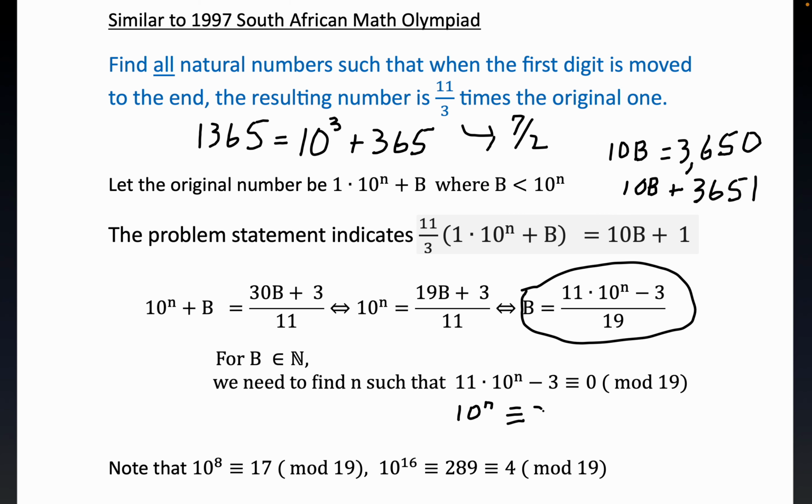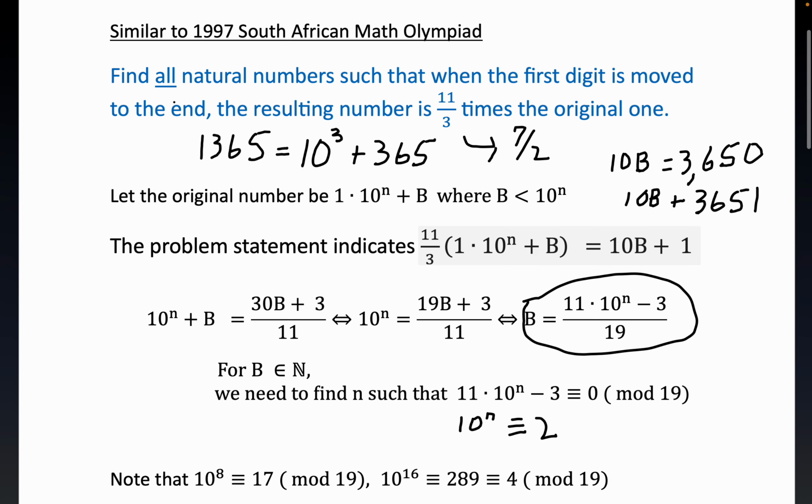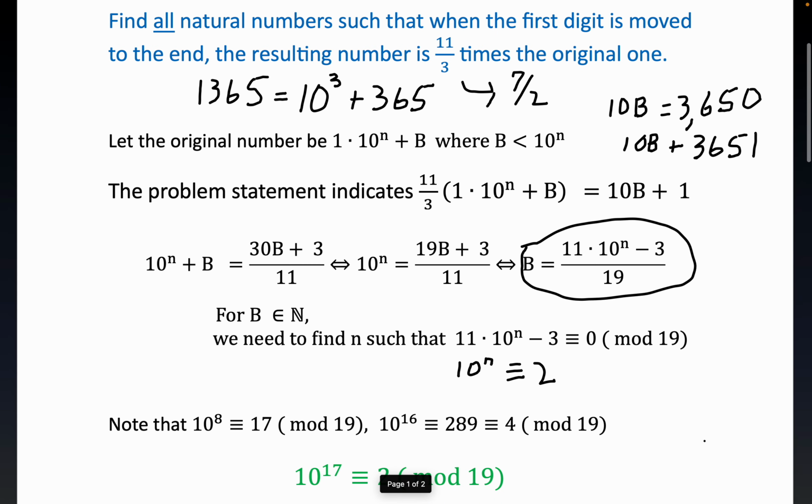Because if 10 to the n is congruent to 2 mod 19, you would get 22 minus 3 is equal to 19. And so you found the smallest n that is going to satisfy this. Right here, I probably should say find the smallest natural number. You can find them all just as easily, but to make it simple, we'll just find the smallest natural number such that this is true. The rest of this is just modular arithmetic.